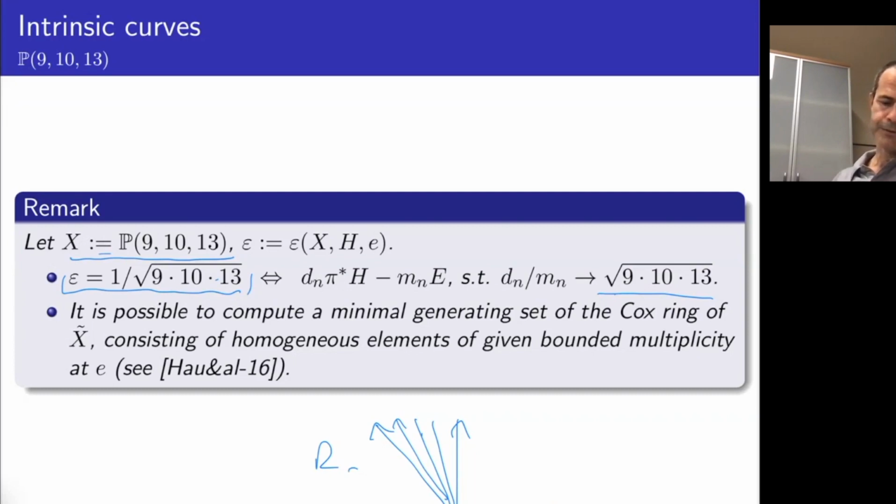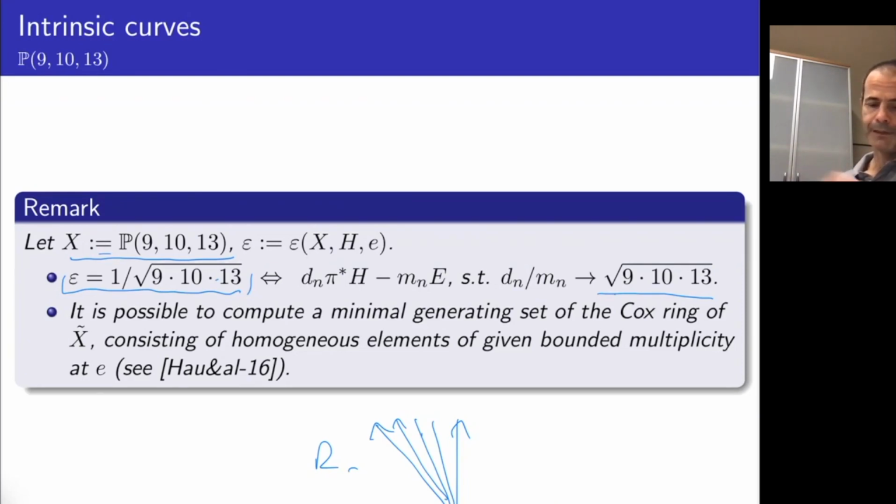One can use a result of Hausen, Kircher, and Laface. The result is more general, but in this case we have a toric surface, and we blow up this surface in one point. If we fix a multiplicity, there is a way to describe a set of generators for the Cox ring of the blown up surface, of multiplicity at most m fixed.